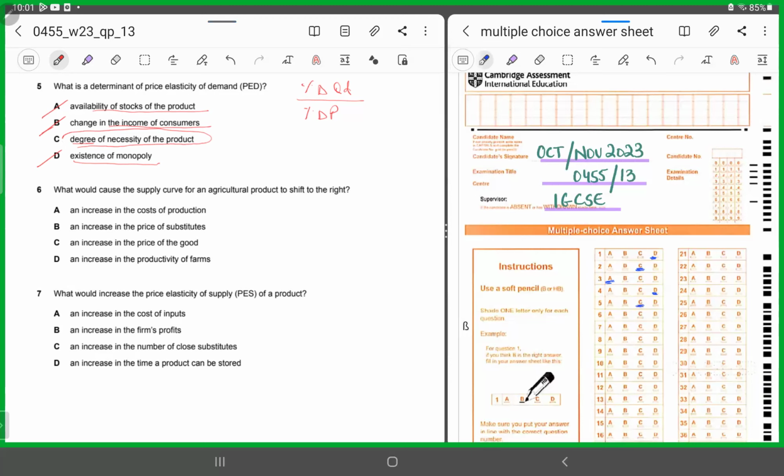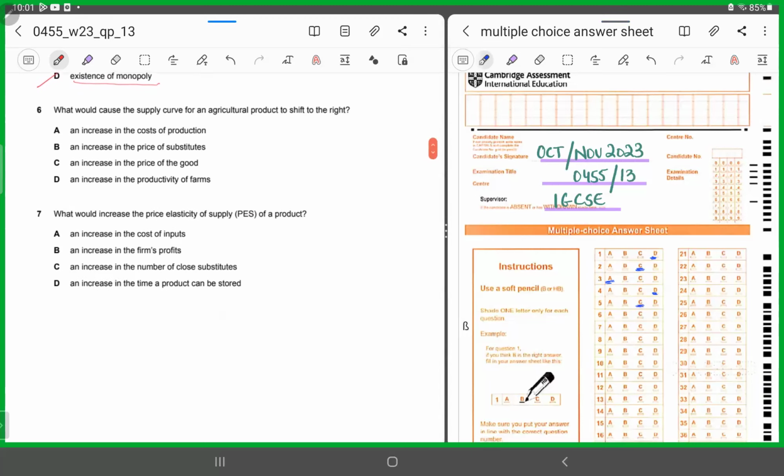All right. Number 6 says, what would cause the supply curve for an agricultural product to shift towards the right? This is the supply curve, and now the entire supply curve is shifting towards the right, from S to S1.